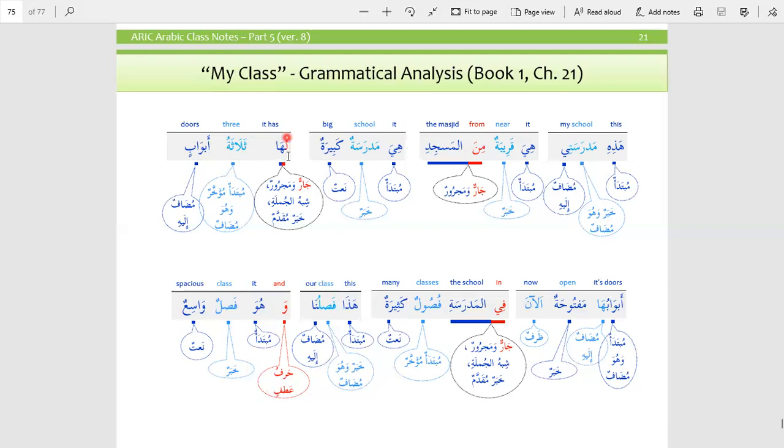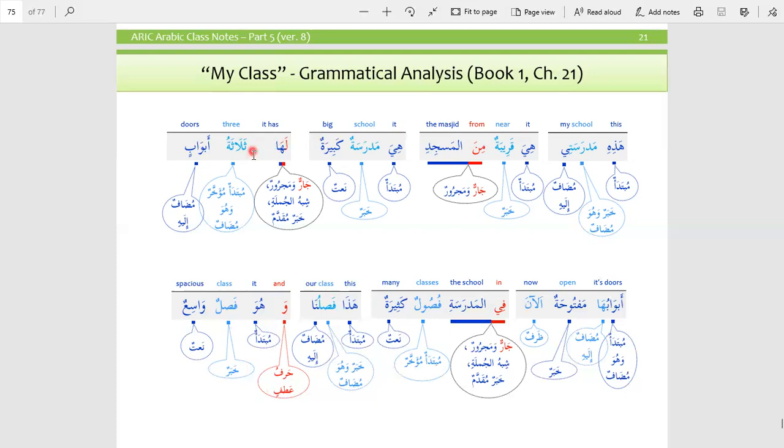We learned previously in lesson 5 about a delayed mubtada. Whenever you see a harf jar begins a sentence like fi, lam, and min, and others, you know that this is a khabar which is muqaddam.